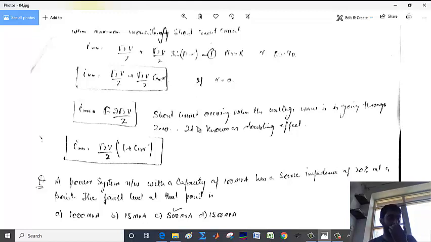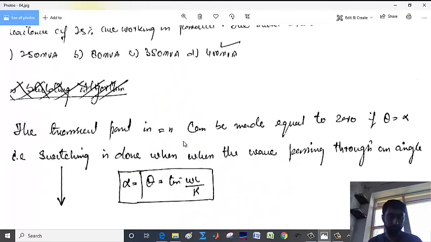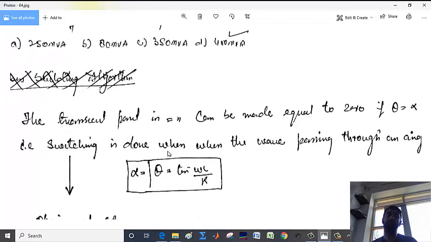So what I mean to say is that if alpha, that is the switching time, or we can say the leading angle of the voltage with respect to reference, is made equal to the impedance angle of the system or network, in that case this transient part can be made equal to zero. In that case, the circuit breaker which is designed has to only pass the steady state current. There will be no transient current. So the transient part in the equation can be made equal to zero if theta is equal to alpha.